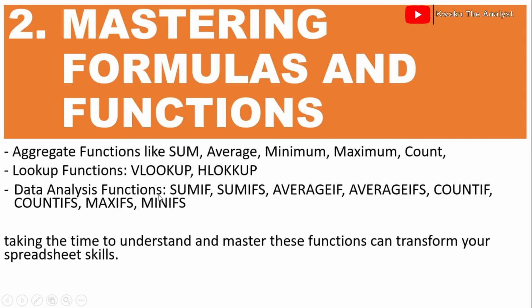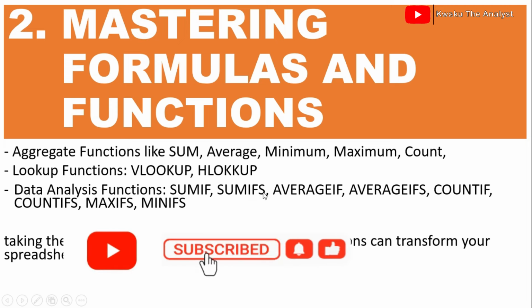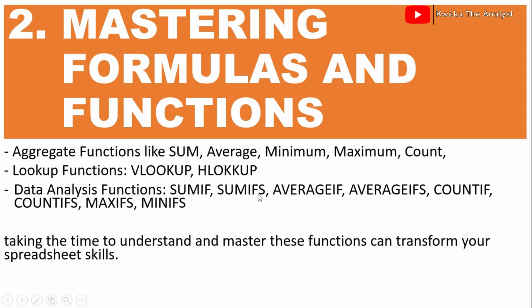With the data analysis functions, SUMIF performs a sum function on data based on a condition. Then SUMIFS, the one with S, does the same as SUMIF, but is based on two or more criteria.